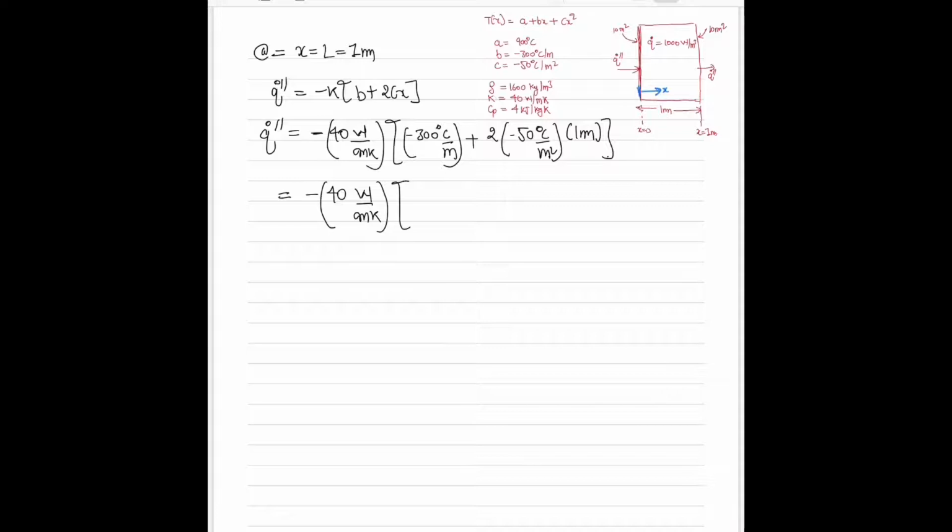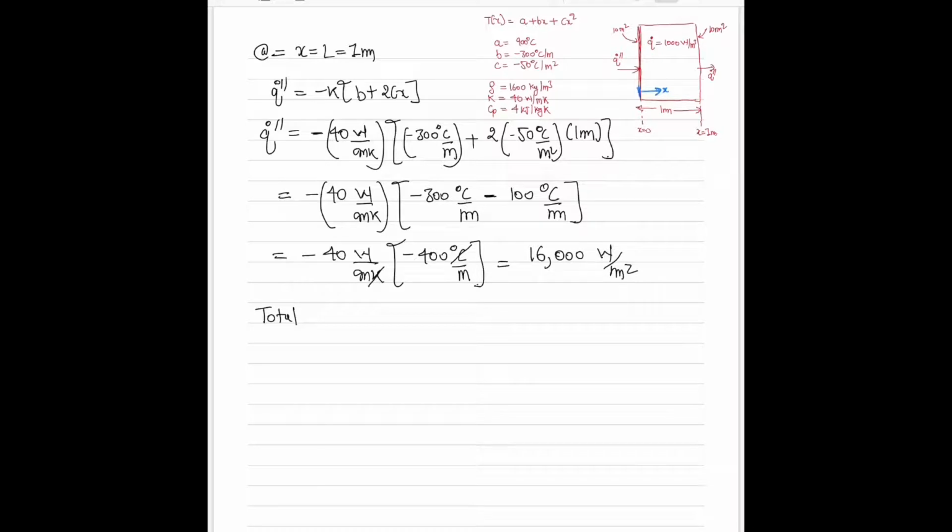So we have 40 watts per meter per Kelvin times minus 300 degrees Celsius per meter minus 100 degrees Celsius per meter. On further simplification, we can write 40 and this as minus 400 degrees Celsius per meter. And from the same comment as I mentioned before, this Kelvin and this degree Celsius will cancel and we have 16,000 watt per meter square as the heat flux.